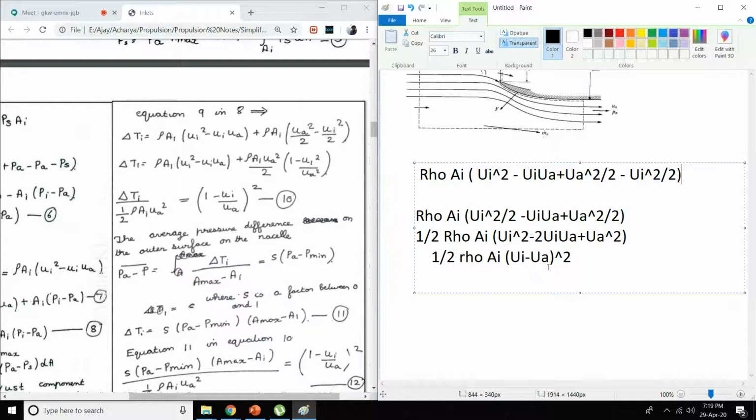It should actually be like this, because Ua is greater, it should be Ua minus Ui square. Some sign mistake I have made here.